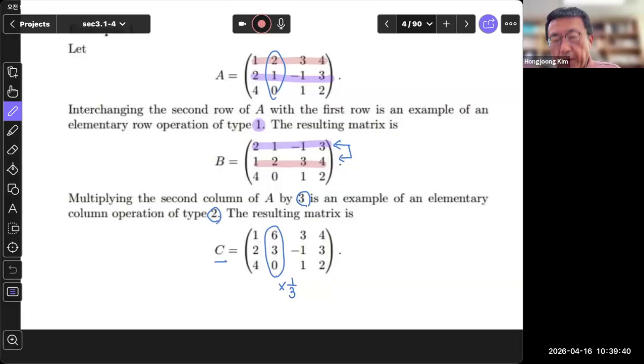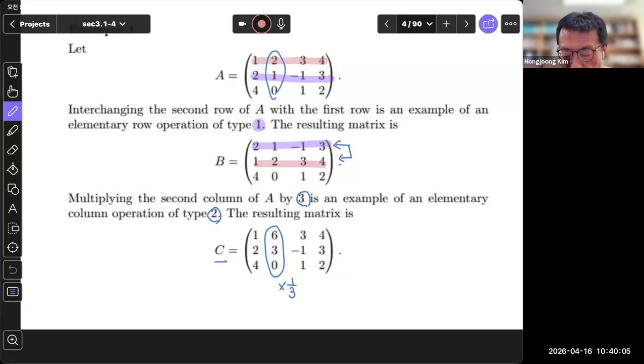Here, given matrix A, if I interchange the two rows, I get matrix B. If I multiply the second column of A by 3, you get matrix C. These are the results of elementary row or column operations.